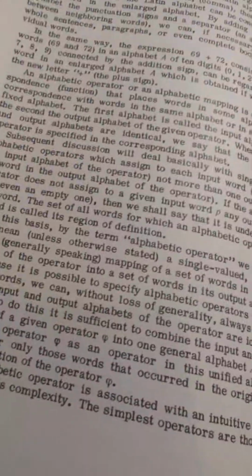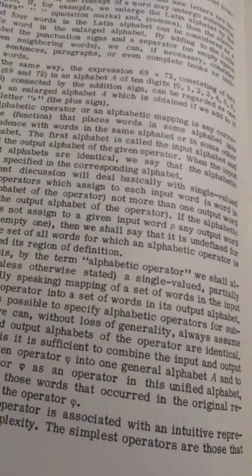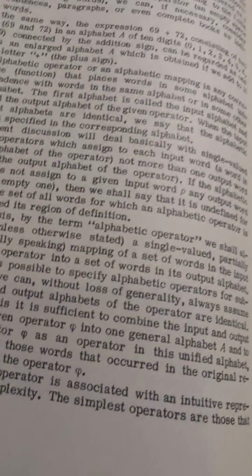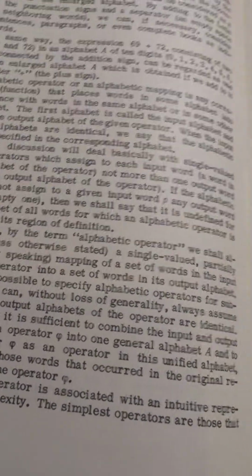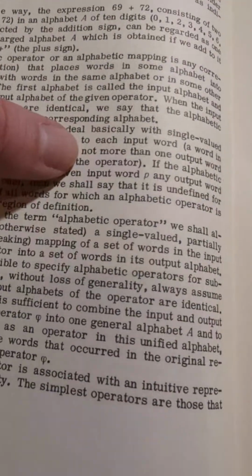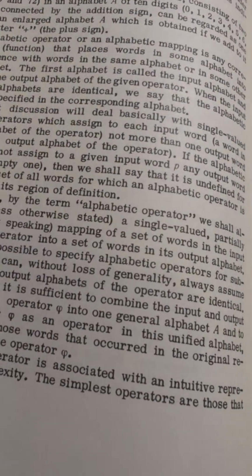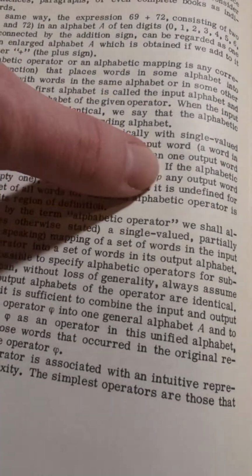Subsequent discussion will deal basically with single-valued alphabetic operators which assign to each input word in the input alphabet of the operator not more than one output word, a word in the same alphabet of the operator.